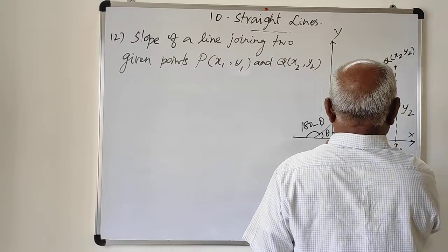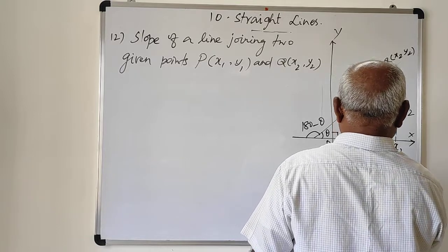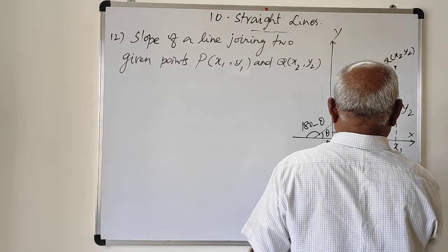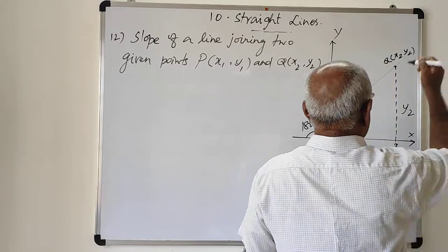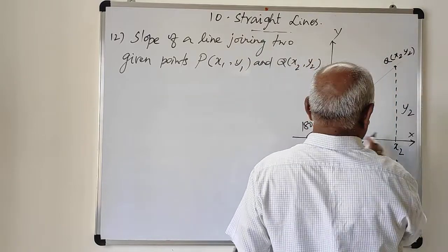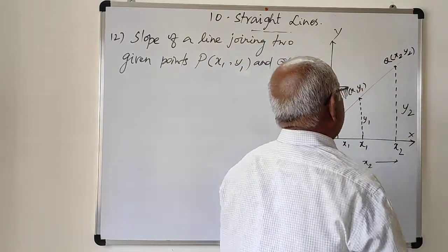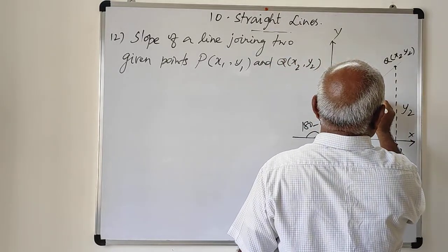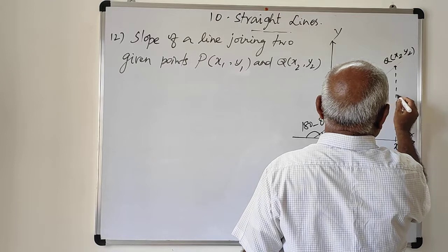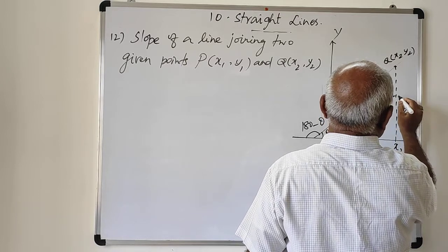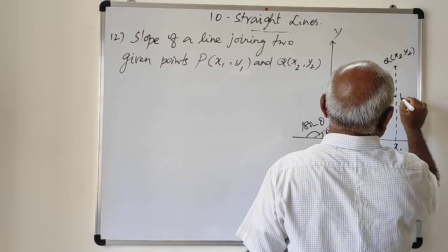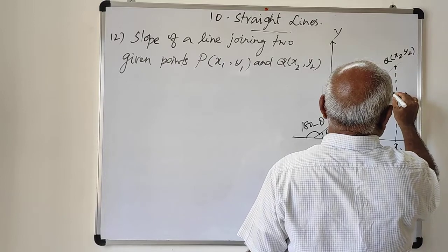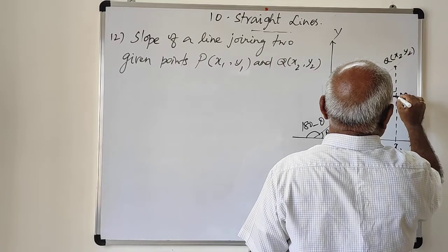The total distance is x2 and the height is y2. Join the line. These two lines meet at the point M, forming a right angle triangle at M.